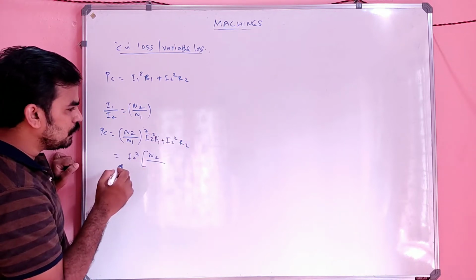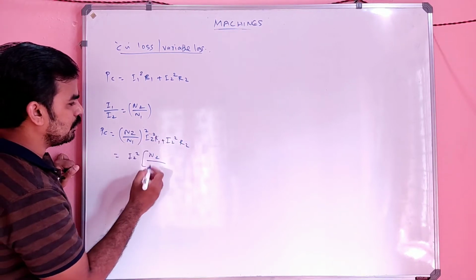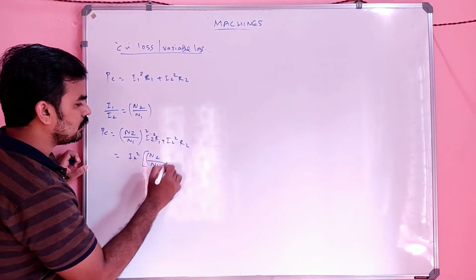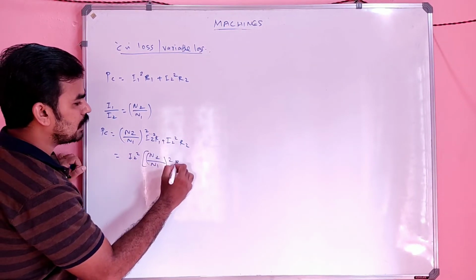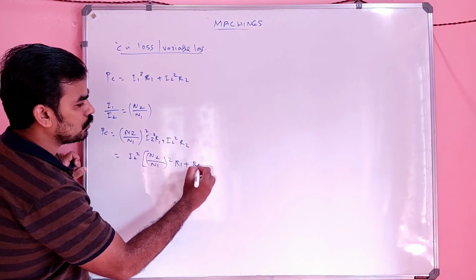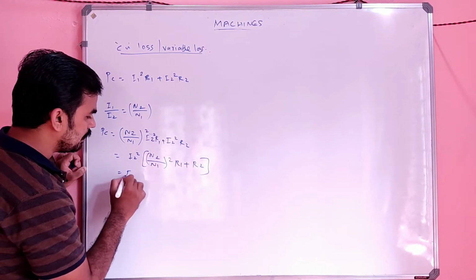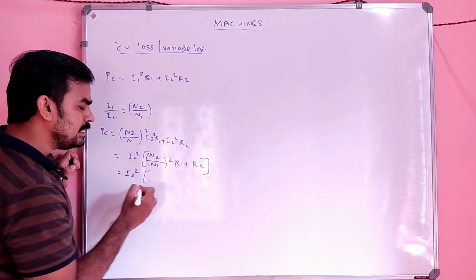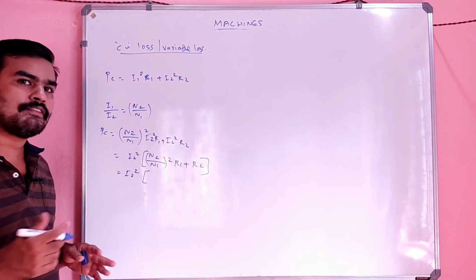If I take I2 square outside as common, it becomes I2 square into N2 by N1 the whole square R1 plus R2.